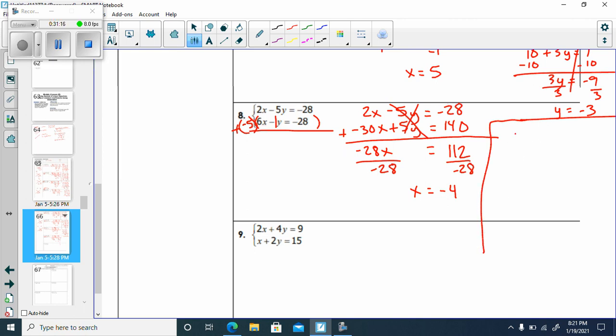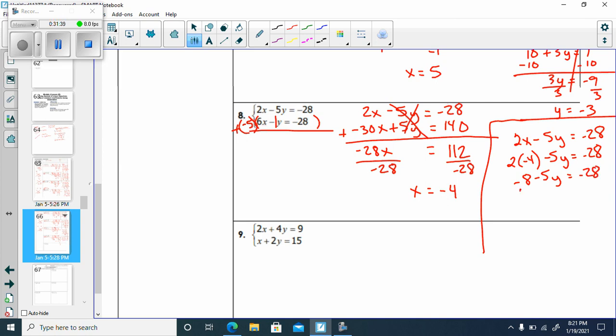Now, let's plug this in. I've got 2x minus 5y is equal to -28. The x is -4. 2 times -4 minus 5 times y equals -28. Okay? 2 times -4 is -8 minus 5y equals -28.